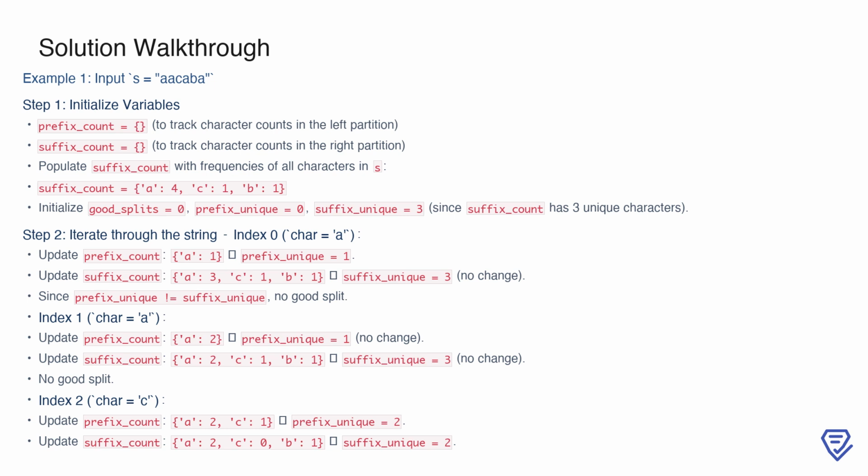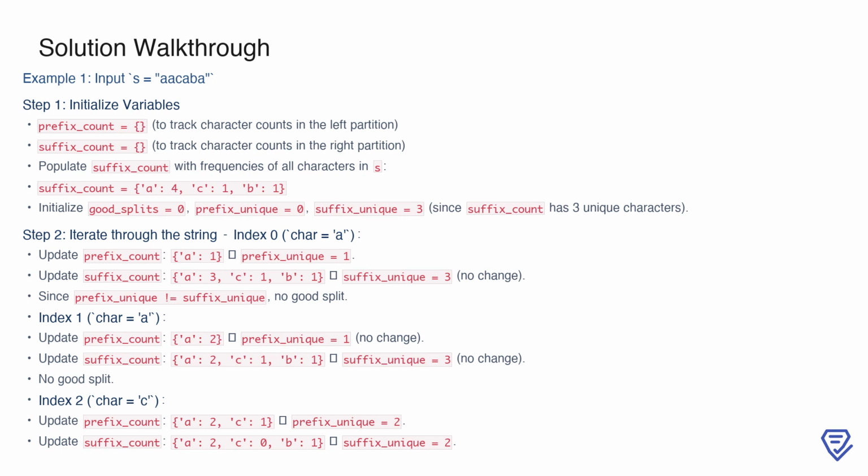At index 1, the character is again a. Updating prefix_count, we now have a:2, but prefix_unique remains 1 because it is not a new unique character. In suffix_count, a decreases to 2, resulting in a:2, c:1, b:1, and again, the number of unique characters remains unchanged at 3, so still no good split.